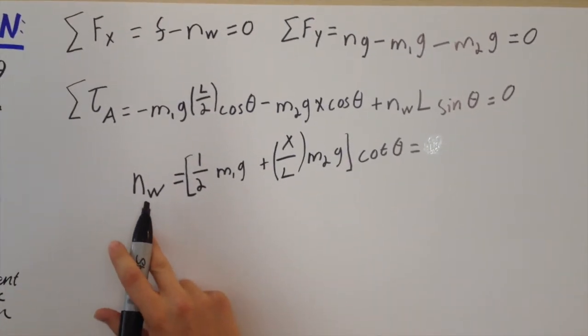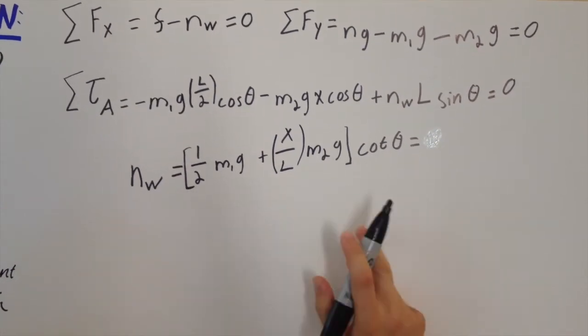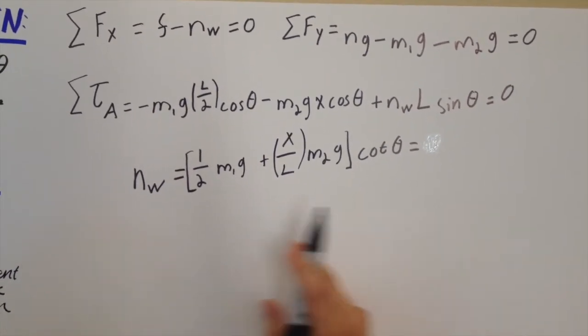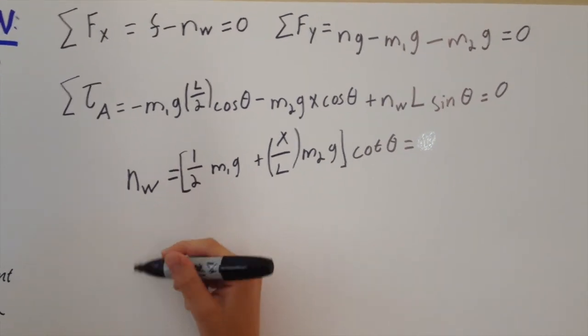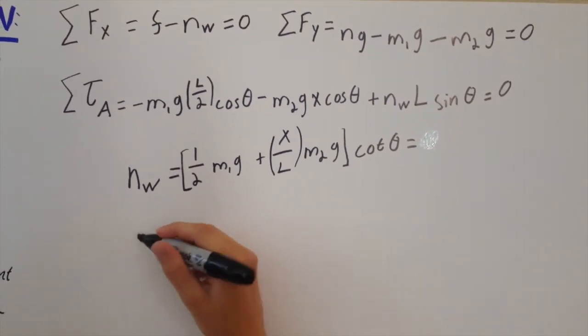Now, taking this equation of the normal force of the wall and plugging it into the sum of the forces in the x direction, we can solve for friction.